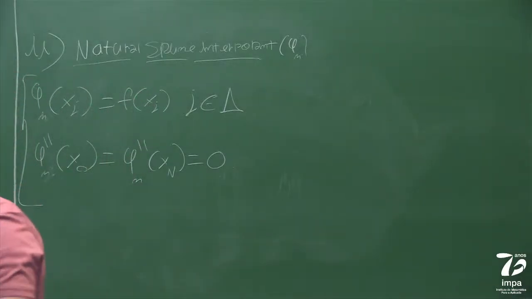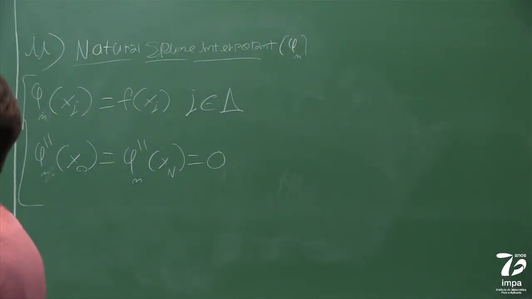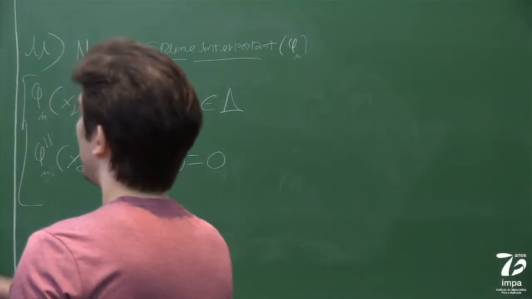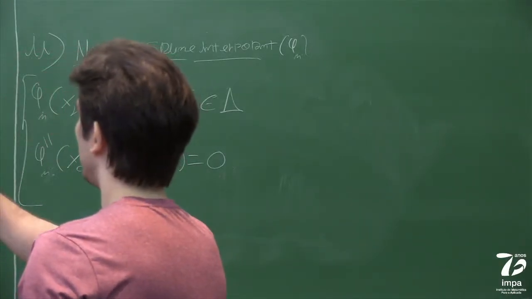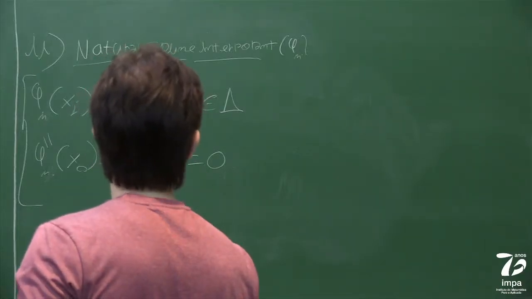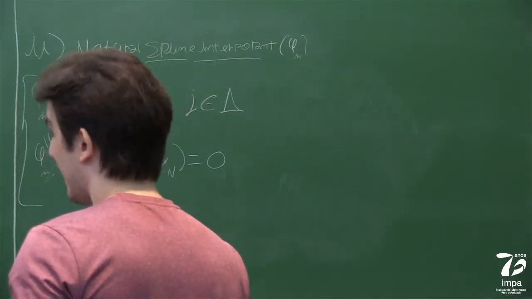So this can play a role when you are trying to solve numerically, integrate numerically some types of ODEs or PDEs even. Yeah. So we have the clamped interpolation and the natural spline interpolation, both of them.